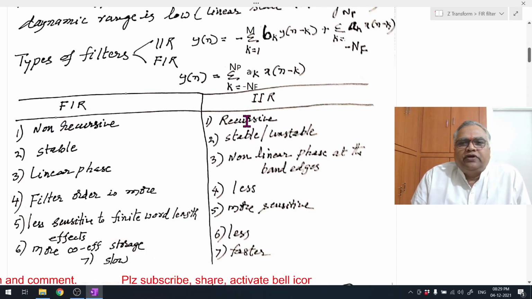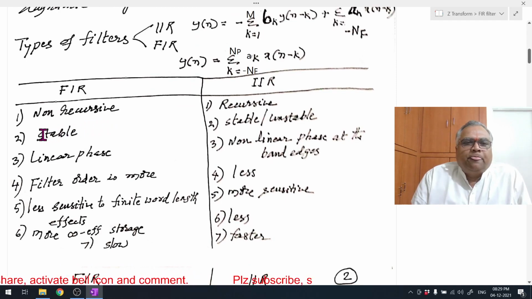IIR filter is recursive, and a sequential circuit. Non-recursive is like a combinational circuit, or like an open loop. IIR is like a closed loop. FIR is normally stable, and IIR can be stable or unstable.